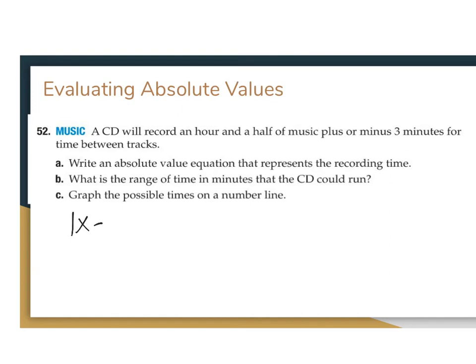If we turn that into minutes, 1.5 hours is equal to 90 minutes. So x minus 90 is equal to plus or minus 3 minutes. So that's A.